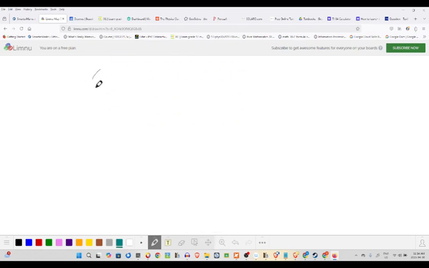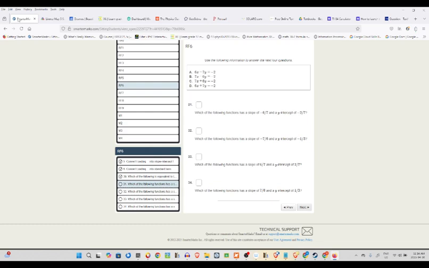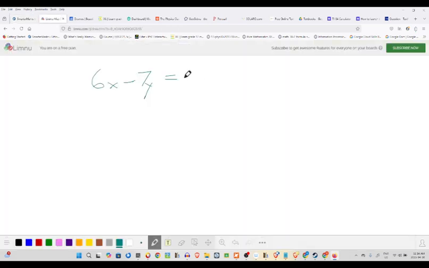So we have 6x minus 7y equals negative 2. So if we subtract 6x from both sides, we get a negative 7y equals negative 6x minus 2. Divide both sides by a negative 7.